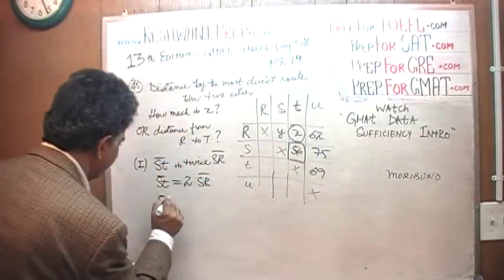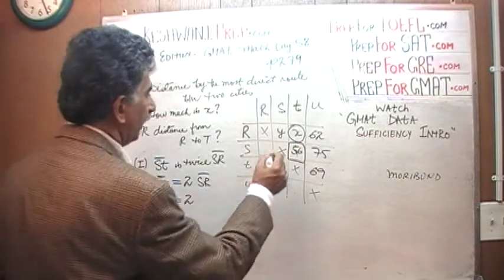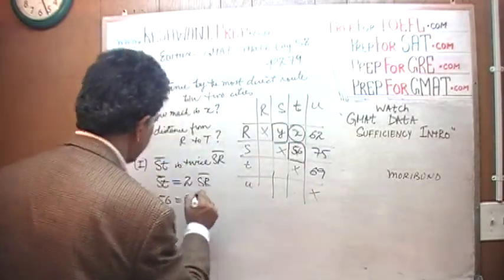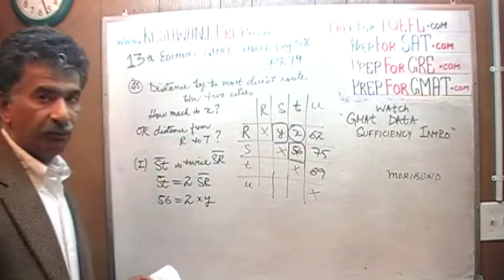So 56 is 2 times S to R. S to R is right here. So they're telling us that 56 equals 2 times Y.